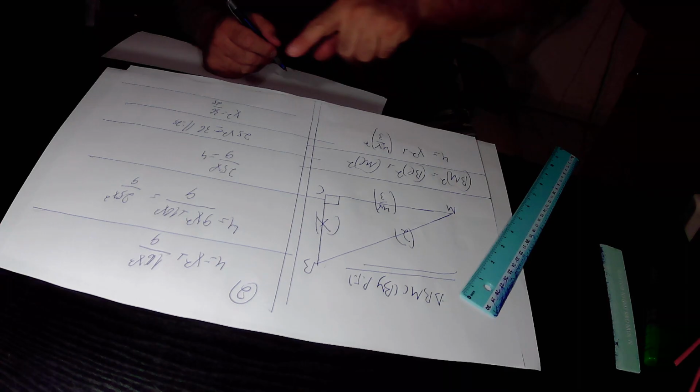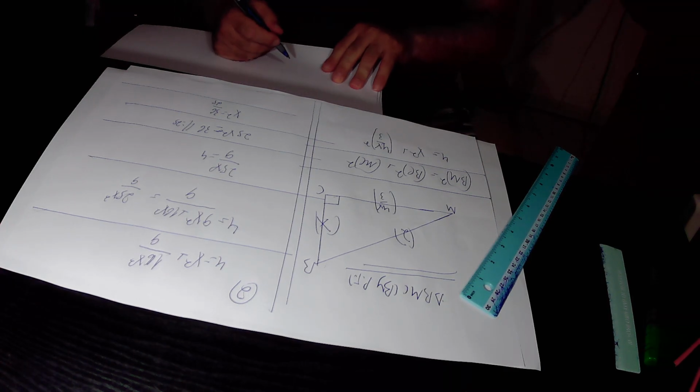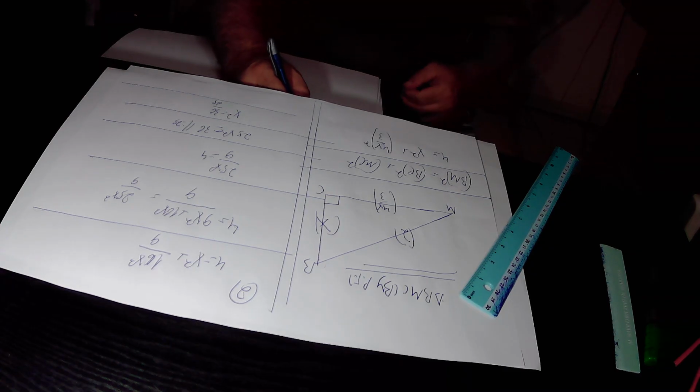Here we take the square root of this equation, and finally we get that x equals the square root of 36, that is 6, over the square root of 25, that is 5.